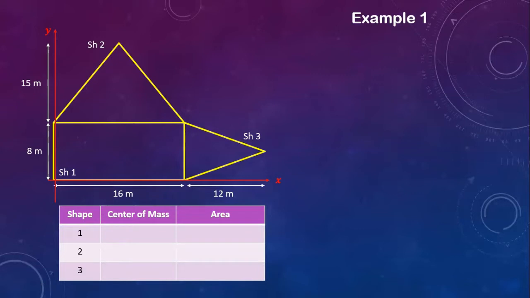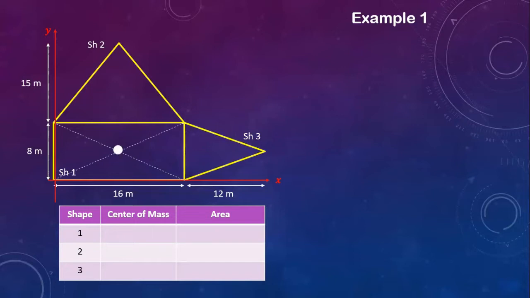Now we go to the first object, shape 1, the rectangle. To find its center of mass, draw the first diagonal and the second diagonal. The intersection of both diagonals is the center of mass of this rectangle.